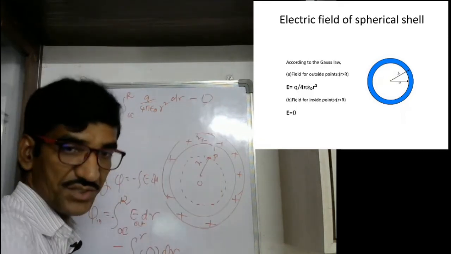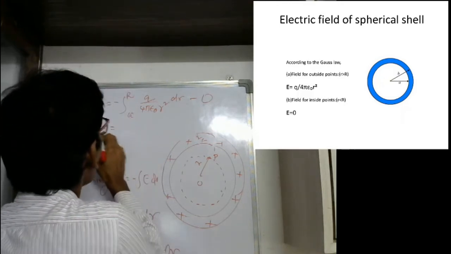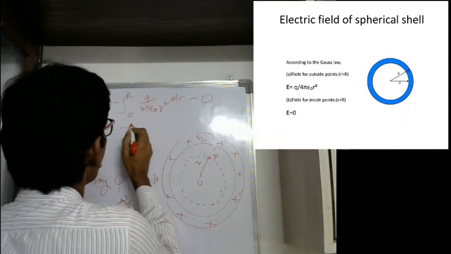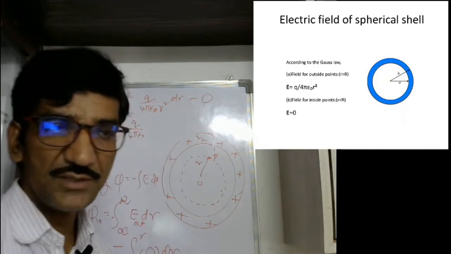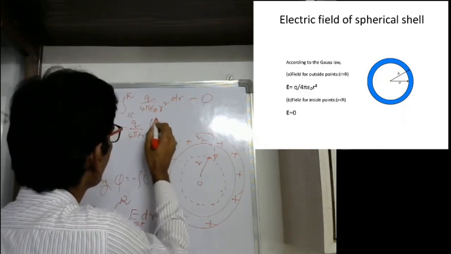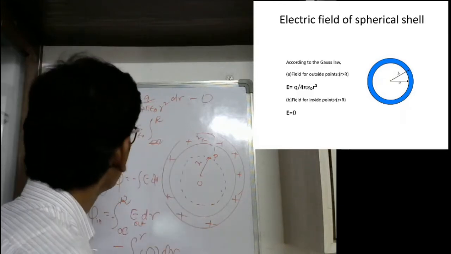Why? Because E is 0. Right. So, for inside points, you have how much potential? Minus, take 4 pi epsilon naught outside, integral infinity to R.